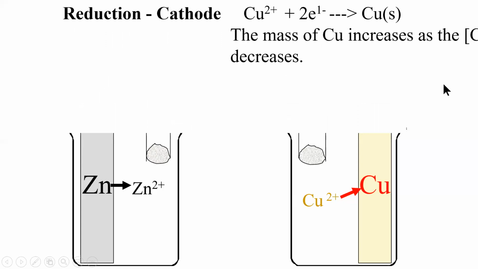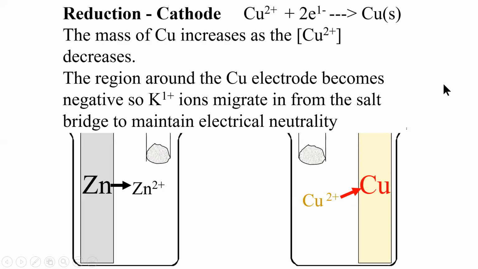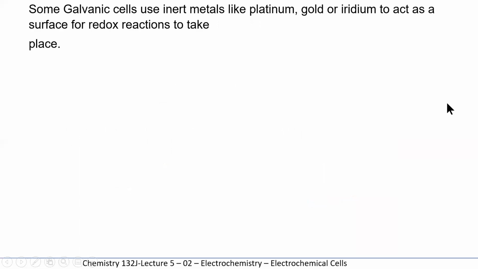Now on the other side, the reduction side, copper ions are being reduced to copper metal. The region around that solution will become less positive, so positive potassium ions will migrate in from the salt bridge to take their place. And zinc ions, of course, will eventually flow over there as well.